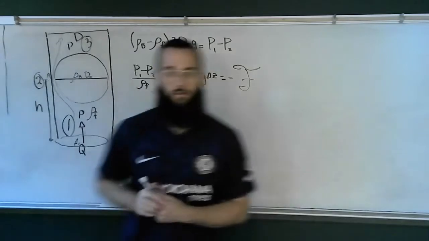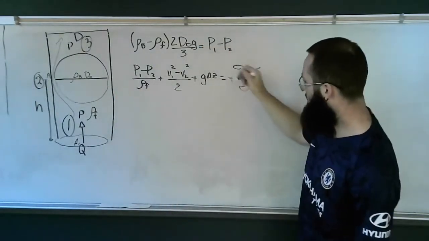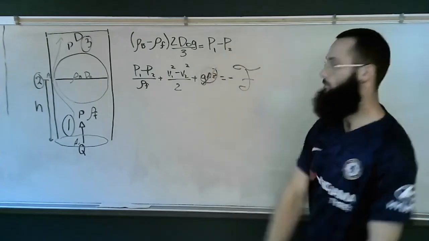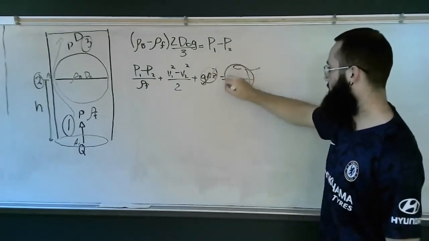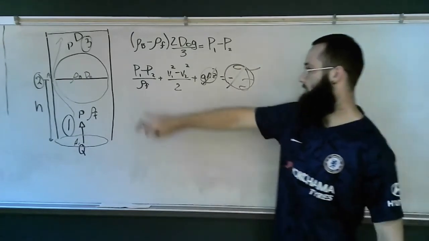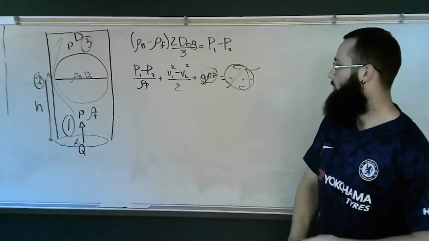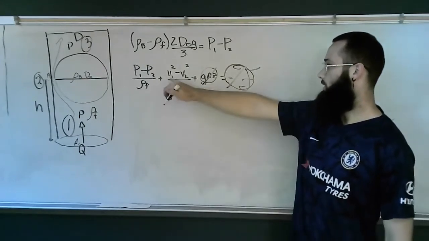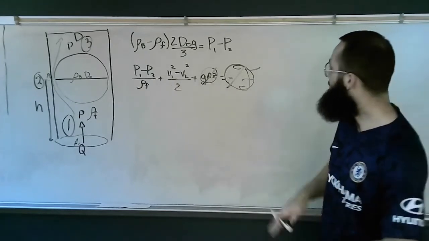Because the change in elevation here is so minimal, we're going to say that term is approximately 0. And we're also going to say frictional heating in this scenario is also 0. So all that leaves us with is pressure terms and the kinetic energy terms. Now we want to sub in either V1 or V2 for the other one using the volumetric flow rate.